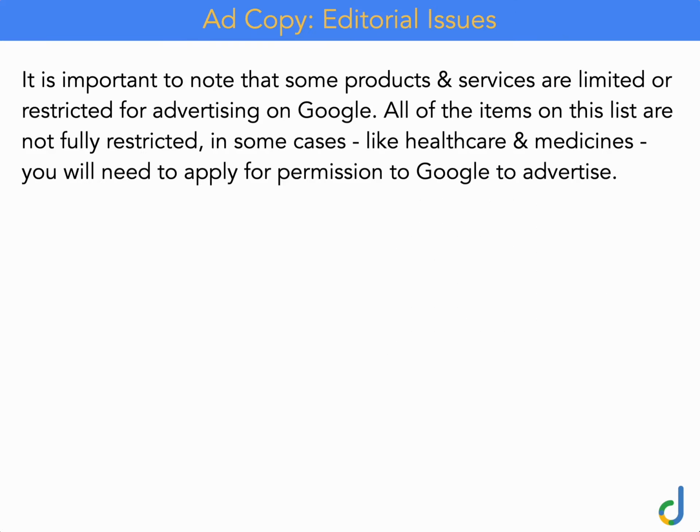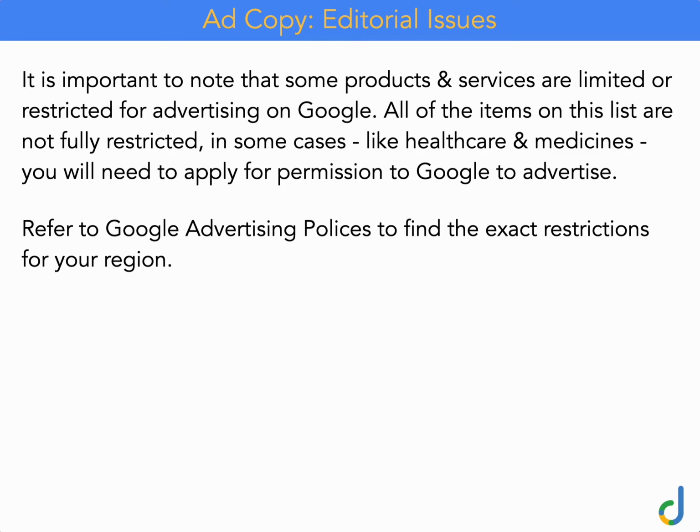Now I want to talk about some different editorial issues, because it's important to note that some products and services are limited or restricted for advertising on Google, and all the items on this list are not fully restricted, and in some cases like healthcare and medicines, you'll need to apply for permission to advertise for Google. And also, I do need to stress that you need to refer to your Google advertising policies to find the exact restrictions for your region, because this is different depending on different parts of the world where you're advertising.